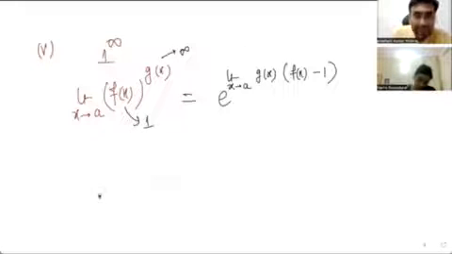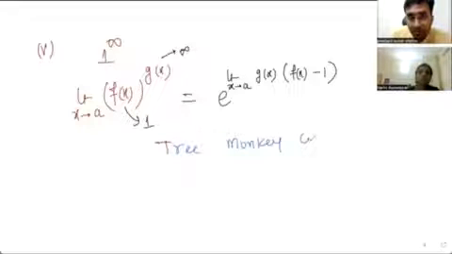See, this thing can even be memorized by a concept called the tree monkey concept, or you can say trick, not a concept. See how to keep in mind this thing. Tree monkey concept, what does it say?